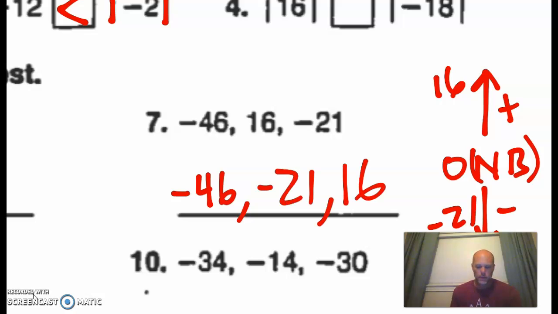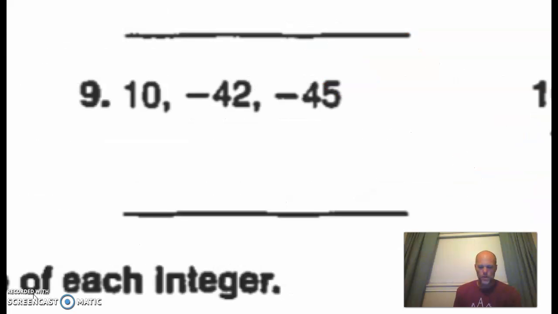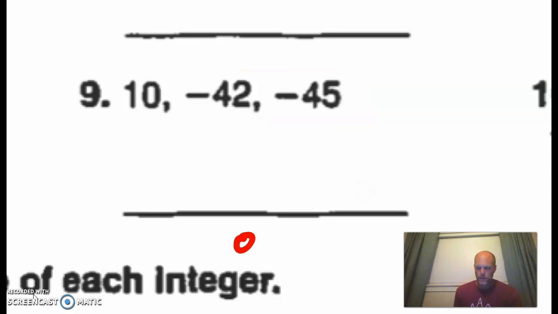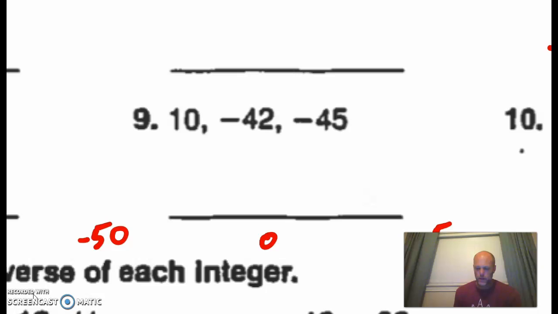Okay, let's go ahead and do one more of these, and I'll use it as a number line instead. So if we do it as a number line, we've got 0 here, and I'm just looking at number 9 here. So let's say we have, slide this over, -50 and +50.